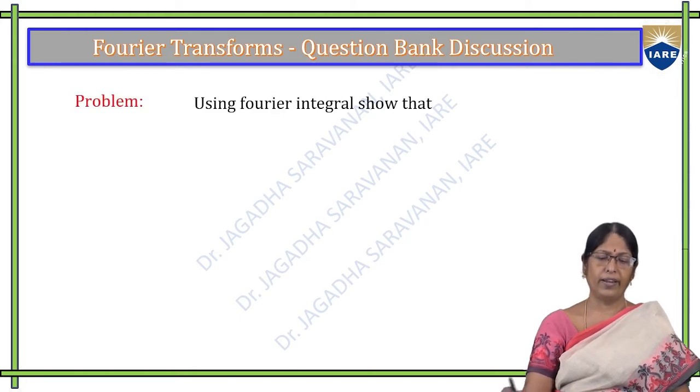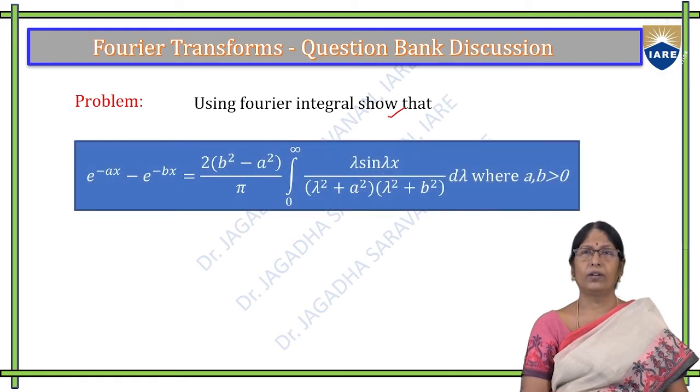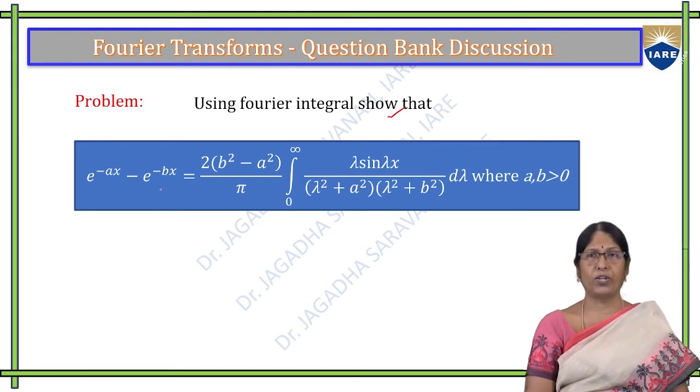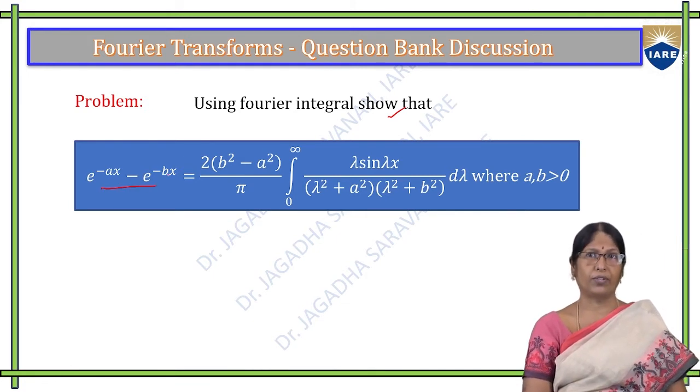So now the next, these are the problems. Using Fourier integral, show that e power minus ax minus e power minus bx, which lies on the left side.